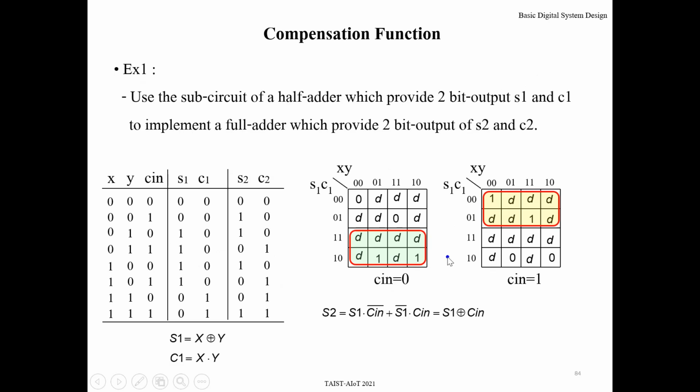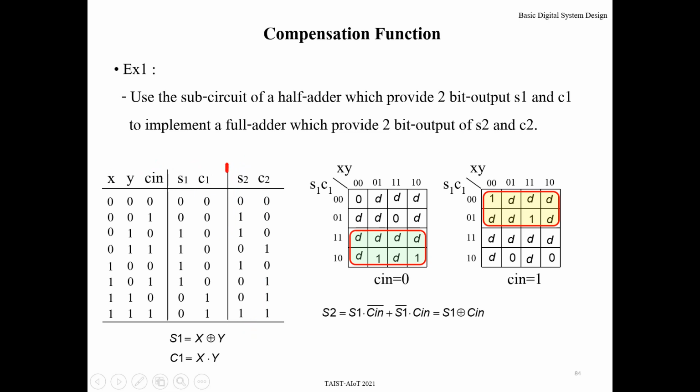In this example, I treat this bit as one input, and this one as output, one output, and this one also an output. So you just find the equation for this and treat these 1, 2, 3, 4, 5 as input parameters.